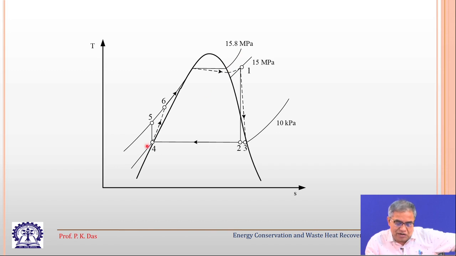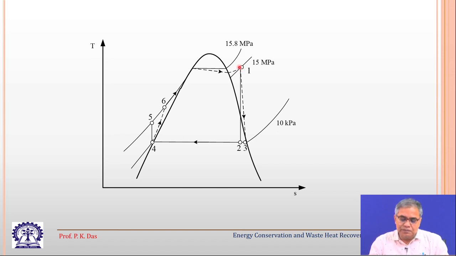So, it signifies that from 4 the pressure of the working fluid should be raised to 15.8 megapascal, but while passing through the pipeline and boiler tubes etc., there will be pressure loss. So, ultimately when we supply the steam to the turbine, its pressure is 15 megapascal, and of course, it will be supplied at superheated condition.